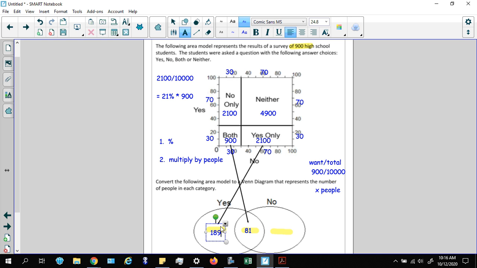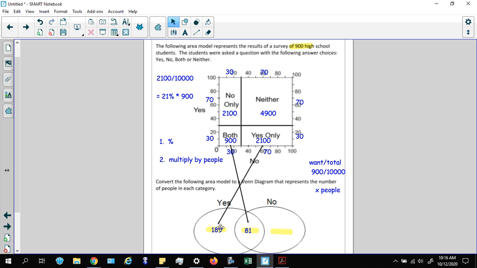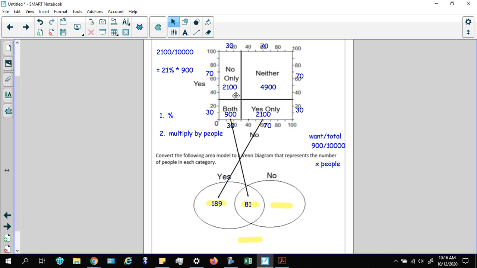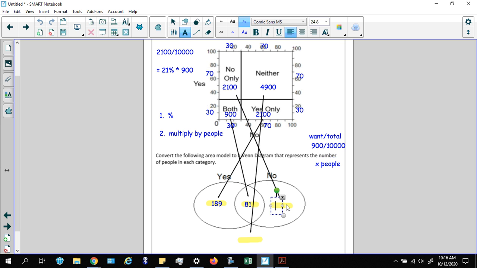And you will continue this whole setup for the no only section as well as the neither section. You would just repeat it. The no only ends up being 189 people, and the neither section is the biggest, which means it has the biggest number of people.